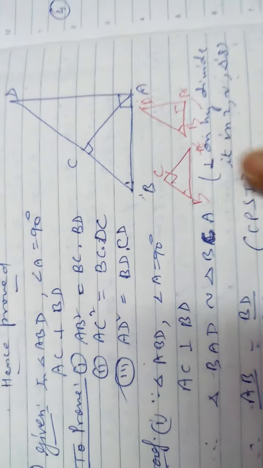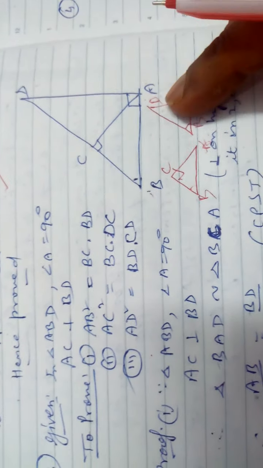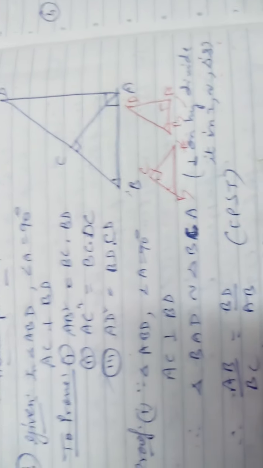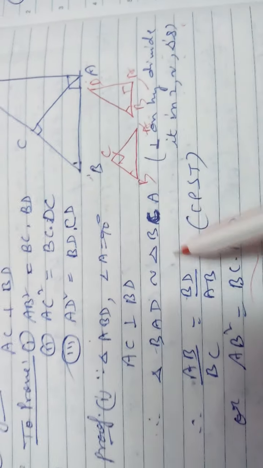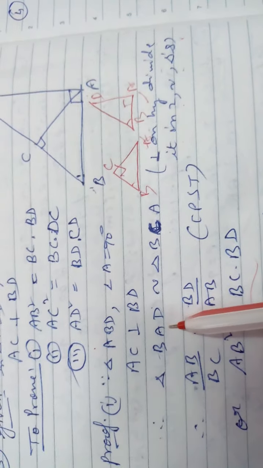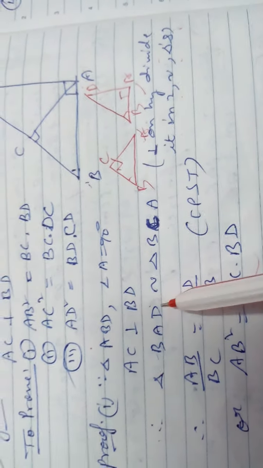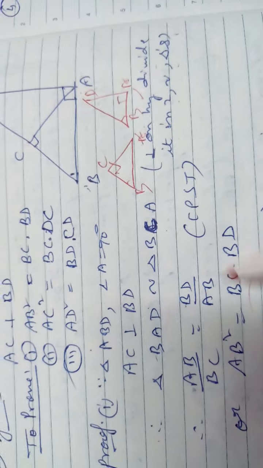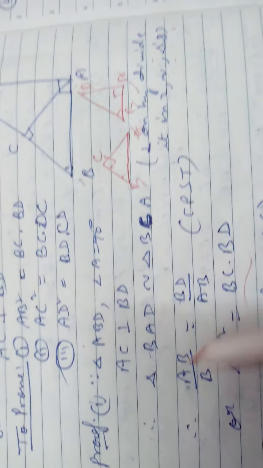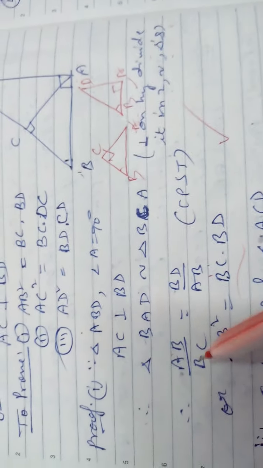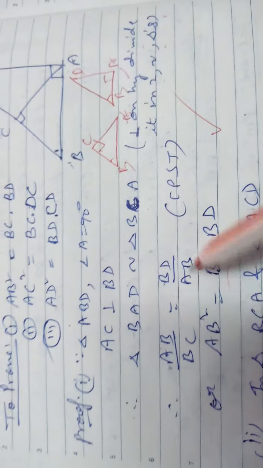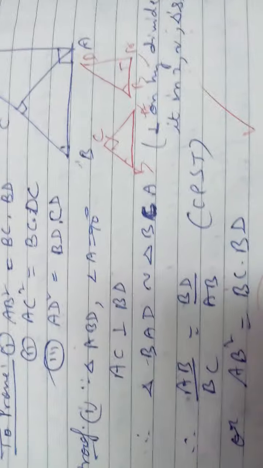Like this. Double A similarity. So it is by property also. So you write again BA upon BC is equal to AD upon CA is equal to BD upon BA. So I am writing only in which the AB is coming. CPST. Cross multiply, you are getting AB square is equal to BC into BD.